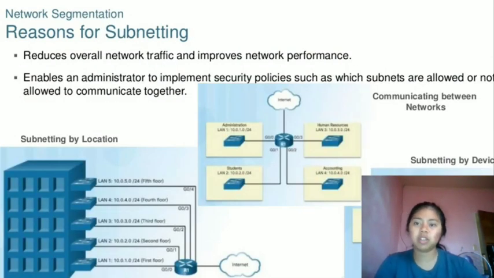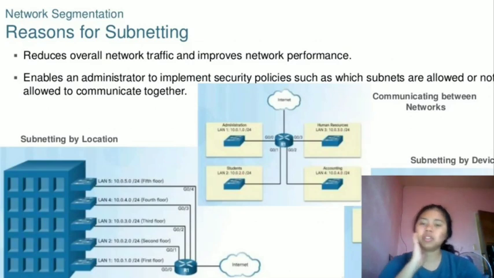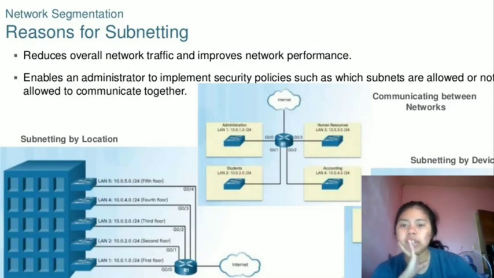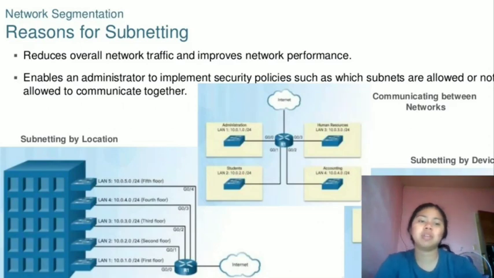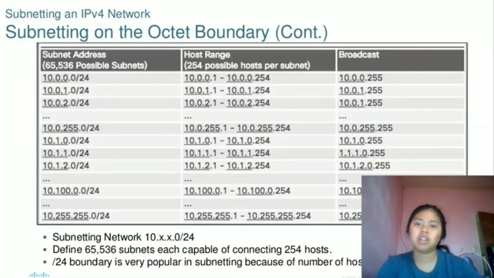Reasons for subnetting: it reduces overall network traffic and improves network performance. It also enables an administrator to implement security policies, such as which subnets are allowed or not allowed to communicate together. Octet boundaries, IPv4.